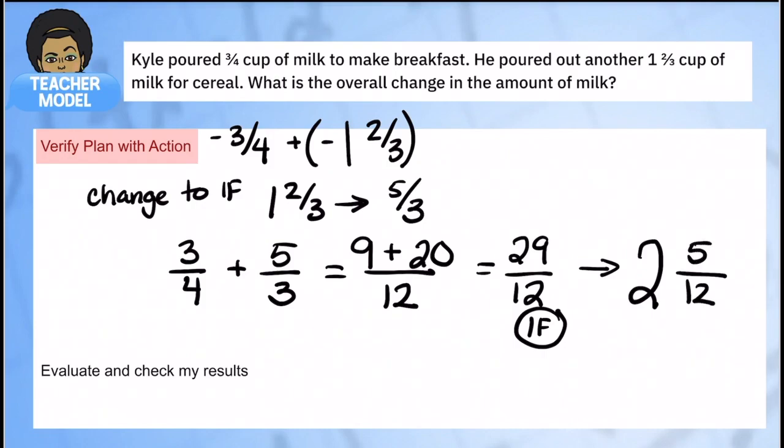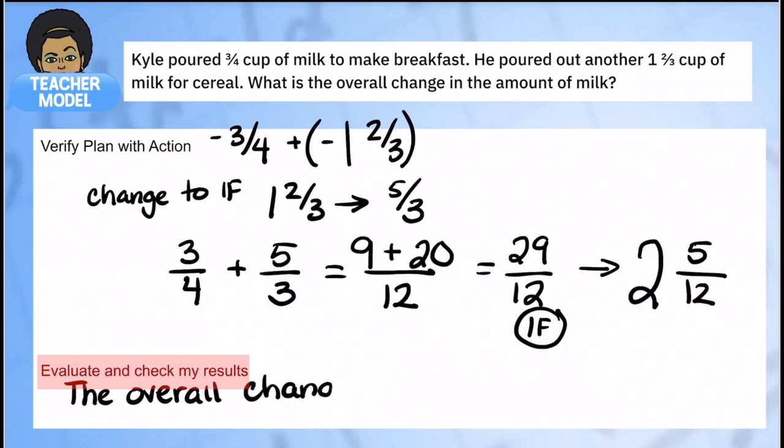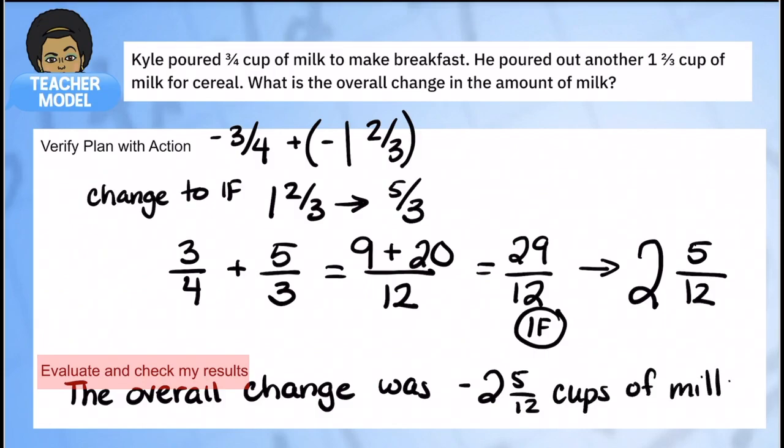So this is how much he lost. My final answer, the overall change, was -2 5/12 cups of milk. He lost that much milk.